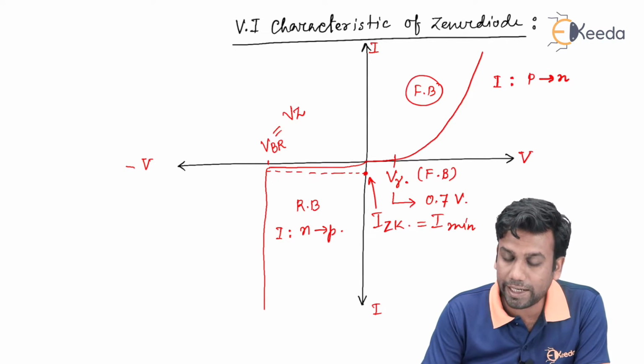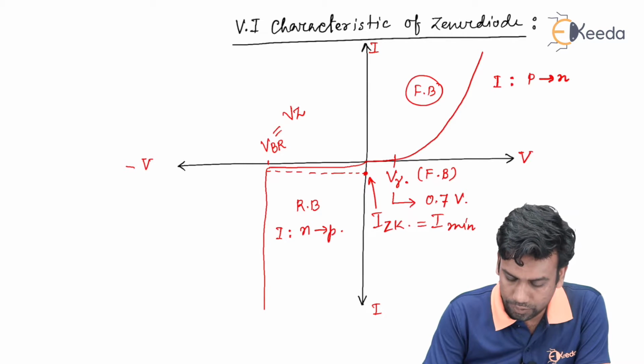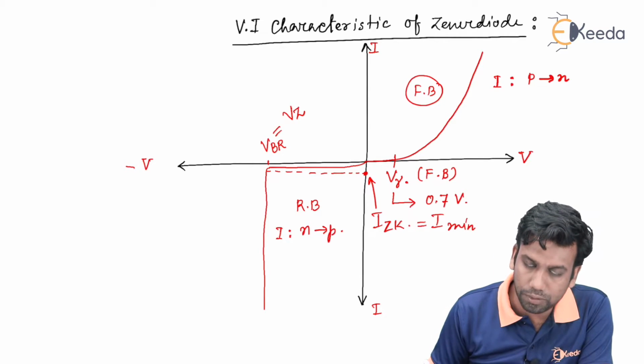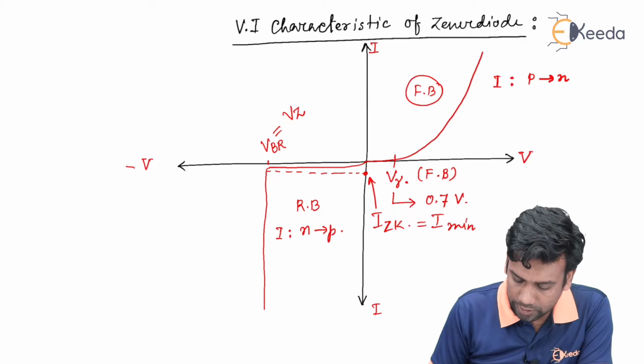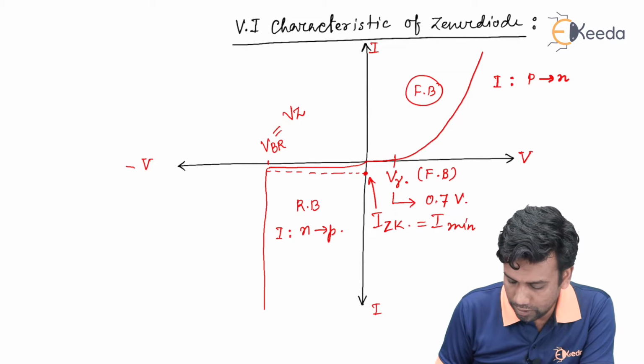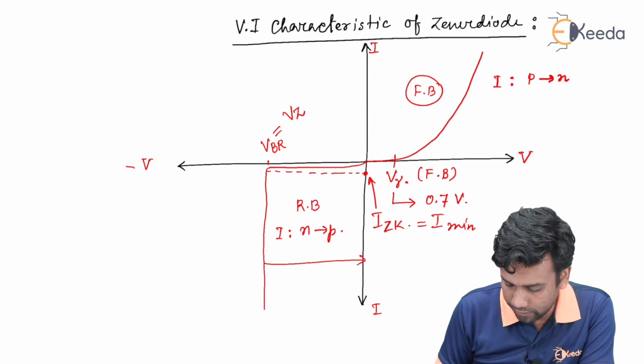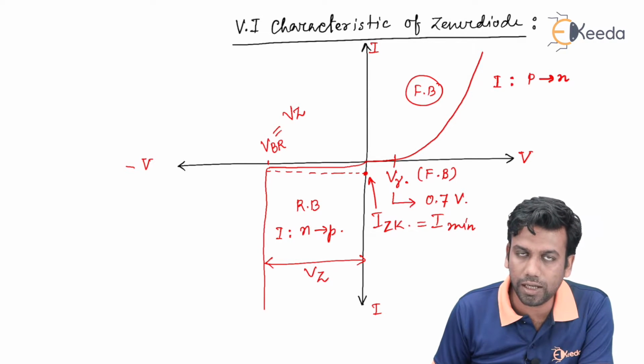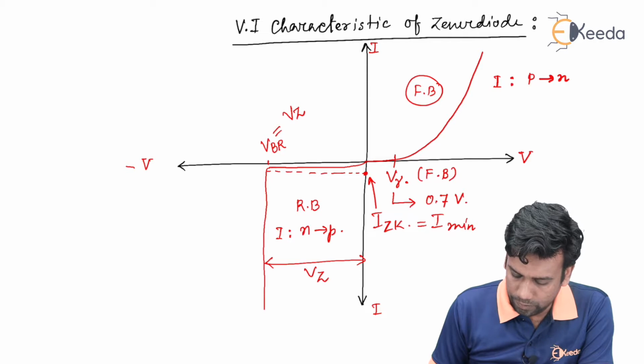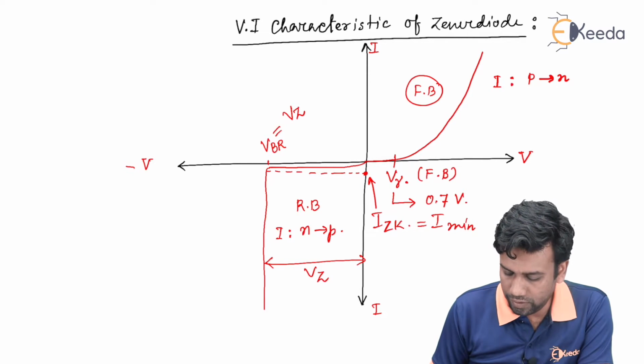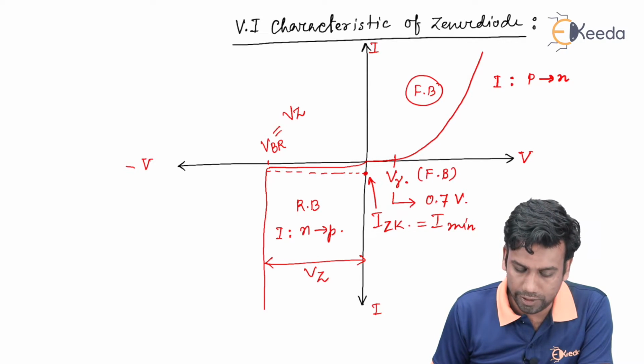So, this was the characteristics of a Zener diode, and you can see that throughout the breakdown region operation the voltage across the Zener diode is constant, that is Vz, and this Vz voltage is the important parameter of a Zener diode, that is the Zener voltage.